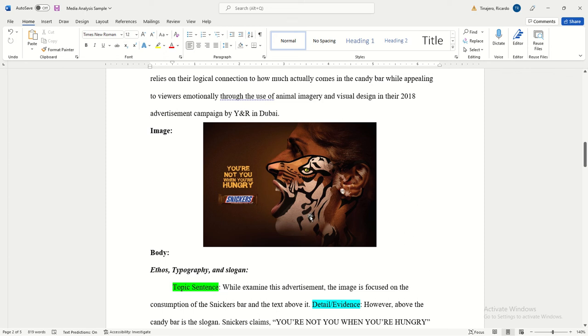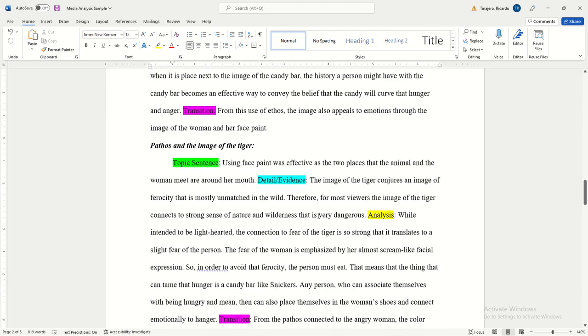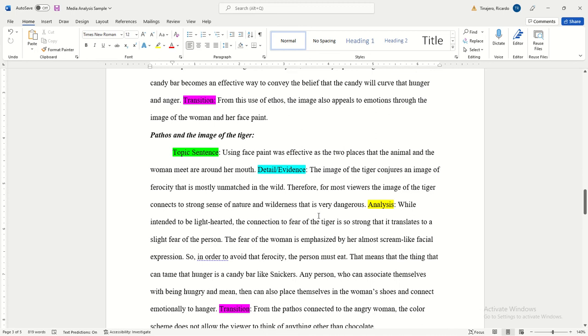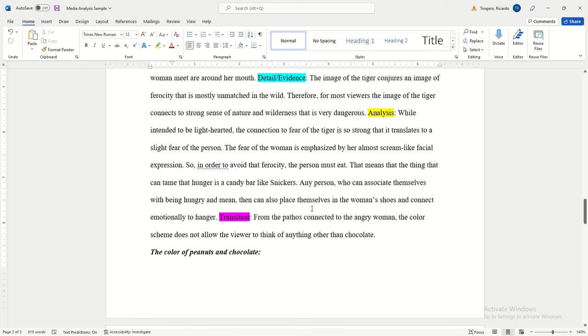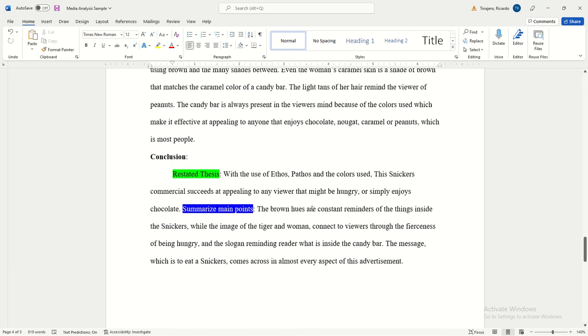From the caramel color of the skin to the dark chocolate of the hair, and then also the little white spots within her hair, maybe the lighter brown of a peanut, things like that. So the image is not letting you escape from the idea of what a candy bar is, or what's in the candy bar, and thus is reinforcing this idea that when you think of the chocolate, you want the chocolate, right? And so that's how I use color.